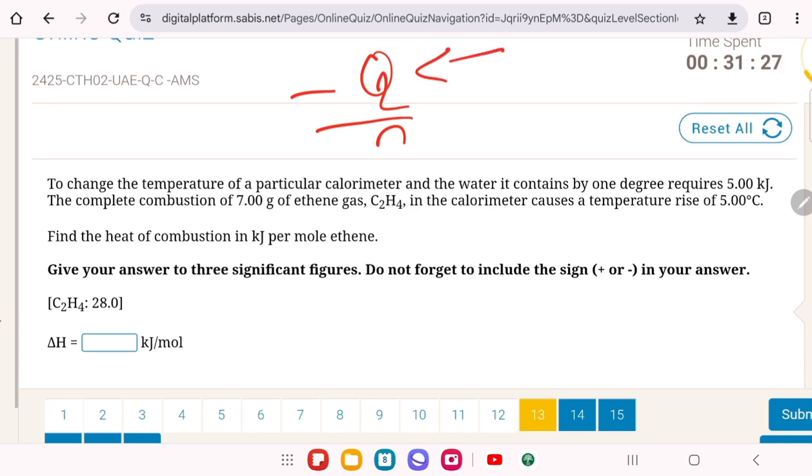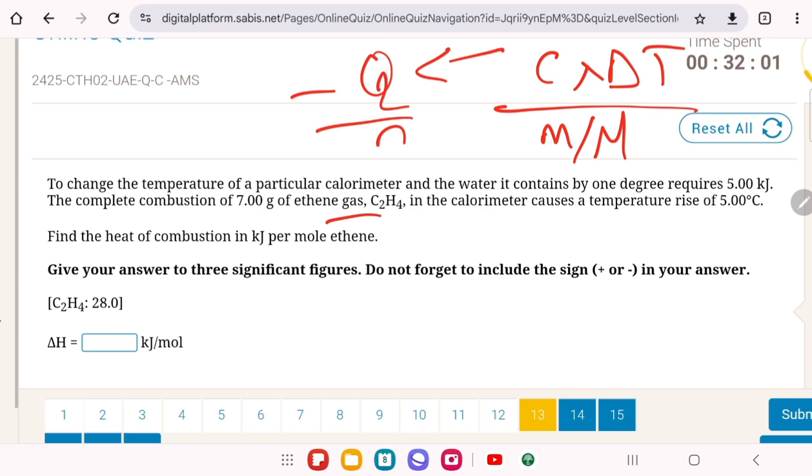Q, it's not the same Q as Q equals M times C times delta T. The Q of a liquid or a gas in this case, because we have ethene gas, is the energy needed to raise 1 gram by 1 degree, multiplied by the delta T, over the number of moles, which is mass over molar mass.